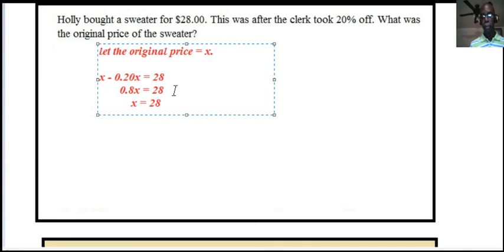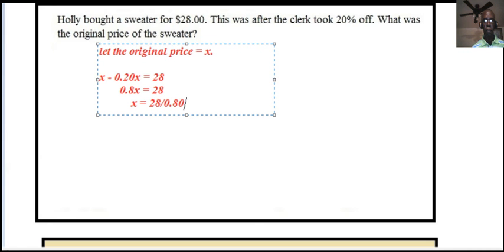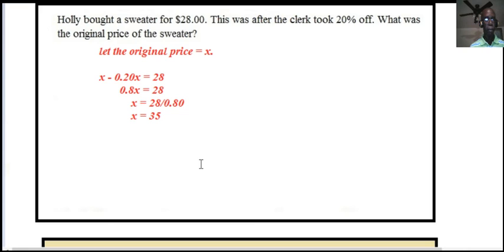So to get x, we must divide 28 by 0.80. X equals 35. Thus, the original price of the sweater was $35.